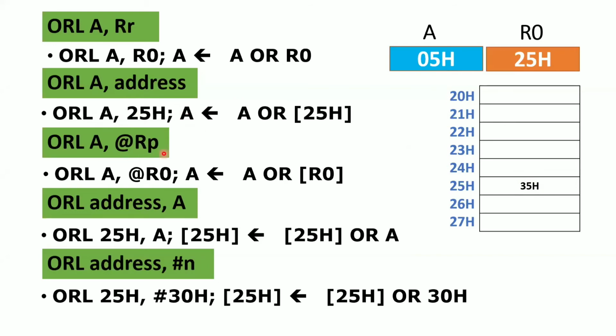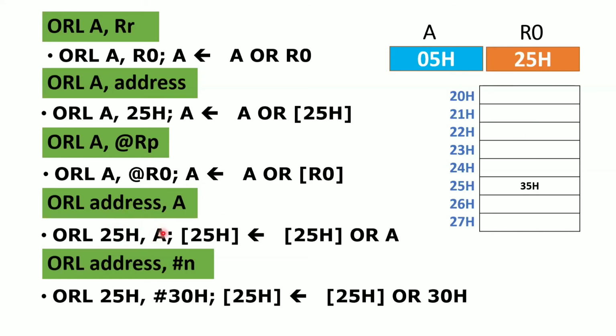Next one is @Ri. @Ri means whatever value the register holds becomes your address. So R0 holds 25H, which becomes the address because there is the @ symbol. So go to 25H, there is a value 35, take that 35 value, perform the OR operation between these two numbers, A and 35, and store the result inside your A. The next one is similar: address comma A. So you are giving an address here and A here.